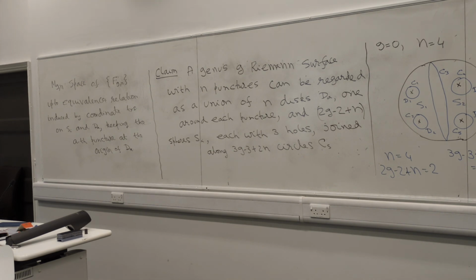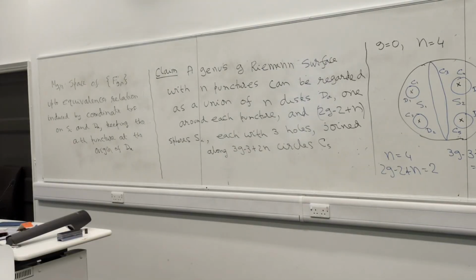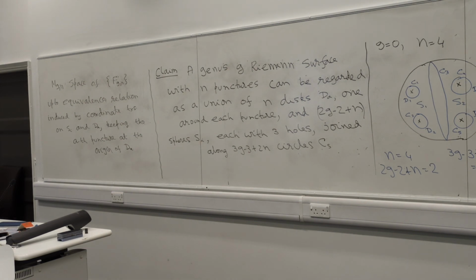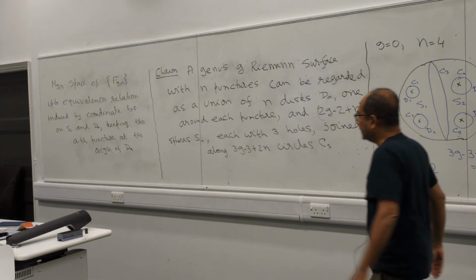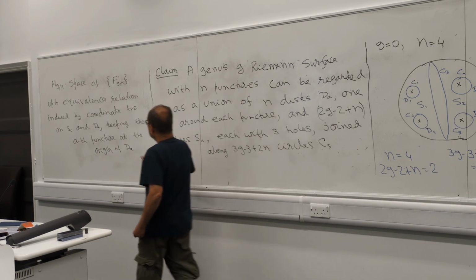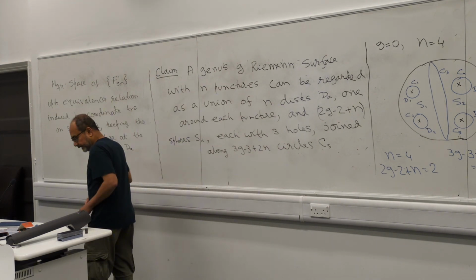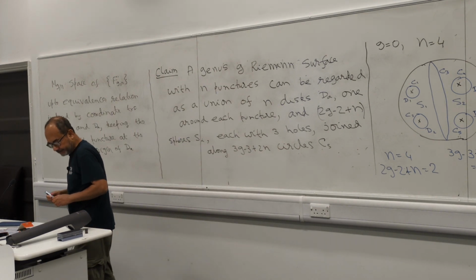But Si with three holes should be non-singular in this region. Similarly, the coordinate transformation that you make on the disk should be non-singular inside the disk, but it should also have an additional property that it should take WA equal to 0 to W prime equal to 0. Okay, so those are the coordinate transformations we'll be allowing. And now I'm saying that we have, sorry, space of Fs, not FGN.